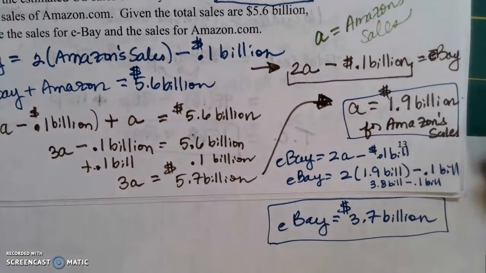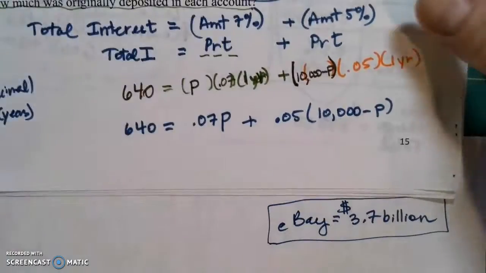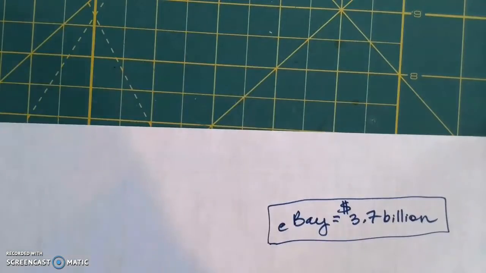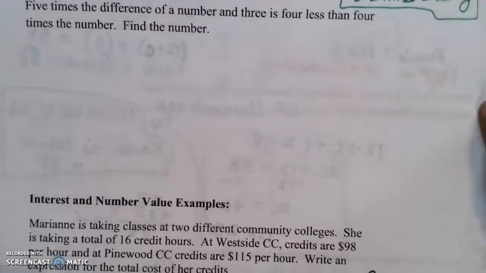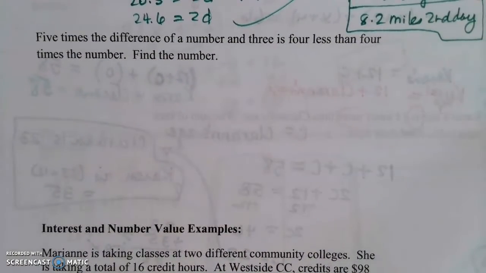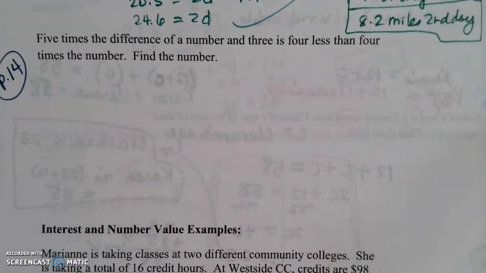All right, so we will flip to the next page where we are going to look at the one in the middle. So page 14 in the middle. All right, 5 times the difference of a number and 3 is 4 less than 4 times the number. Find the number.